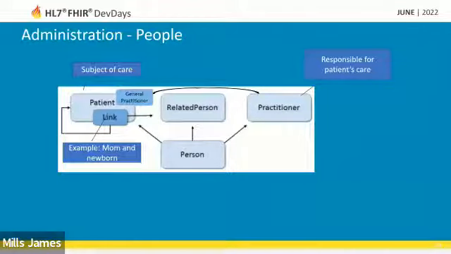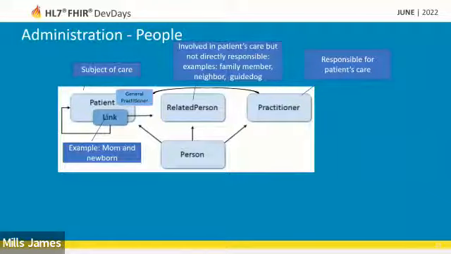But there are also other people that are important in this context. We call those the related person, such as family members, neighbors, and the spec even says guide dogs. I have a loved one who has an emotional support dog, and I will say that dog is pretty important to that person's care.